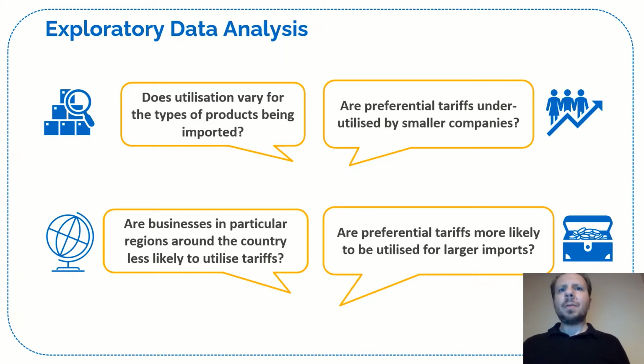These are the key questions that we covered in our research. Does utilization vary by product? Do smaller companies underutilize preferential tariffs? How does utilization vary by UK region of import? And if we have high value imports, are they more likely to utilize preferential tariffs?